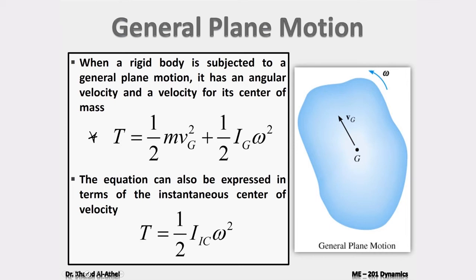So if you happen to know where this instantaneous center of zero velocity is, then you can reduce the kinetic energy for a general plane motion to this format. But generally what we use is this expression right here. That's the one that we use for a general plane motion.